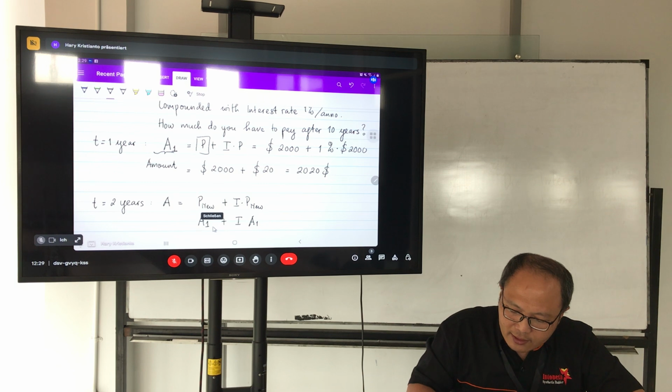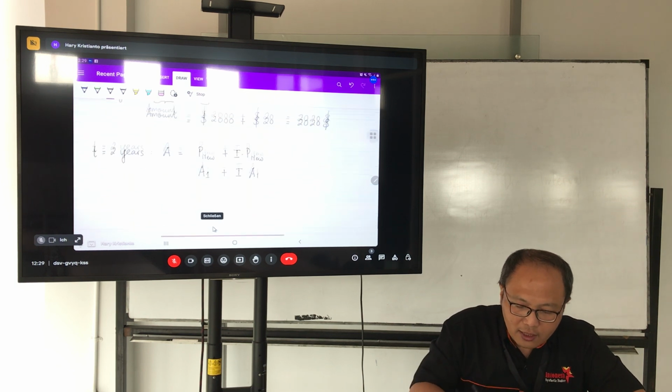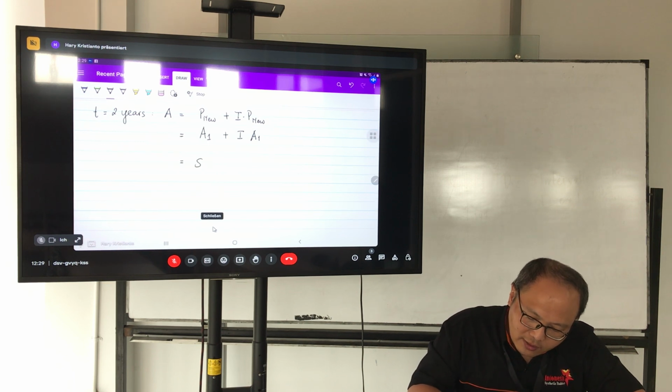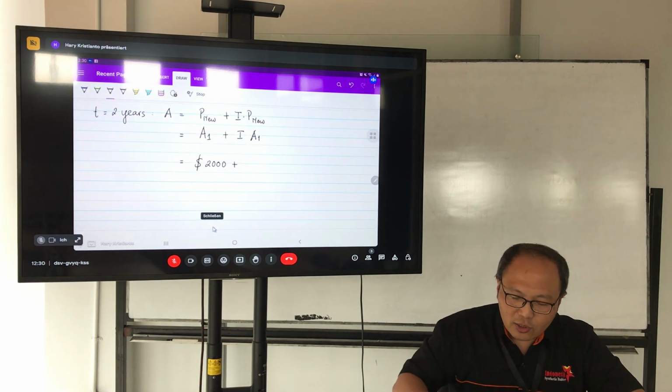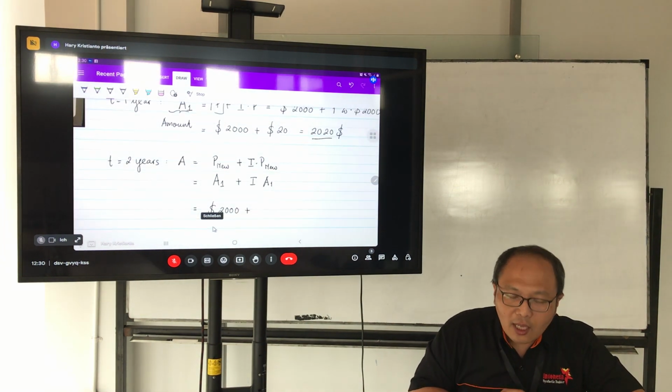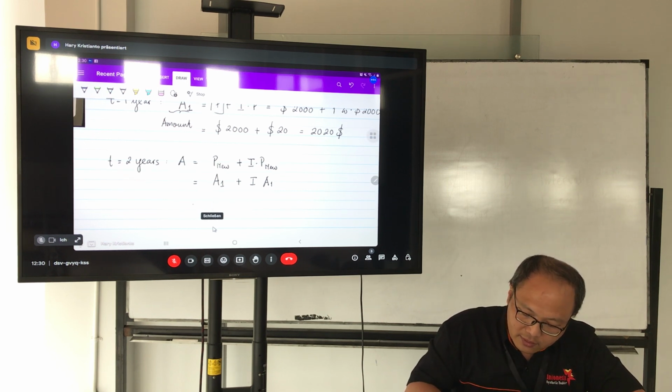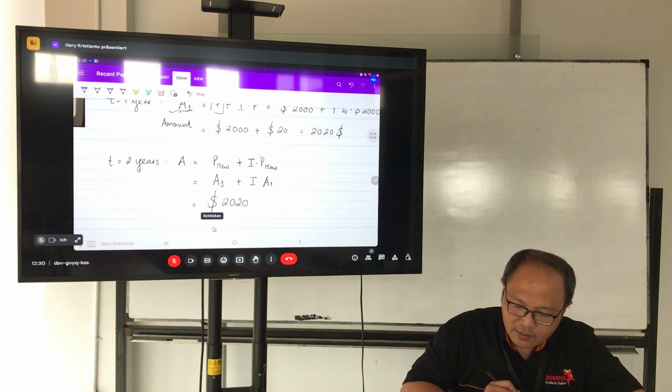The interest is still the same, which is 1%. Therefore, the calculation is not $2,000, I forgot. The new amount after 1 year is not $2,000 but rather $2,020, right? Yes. $2,020 plus 1% of $2,020.